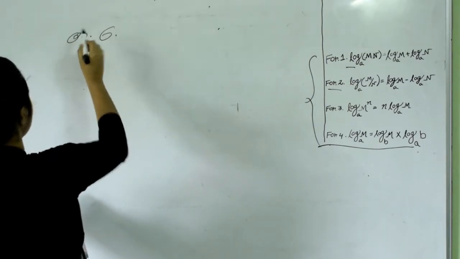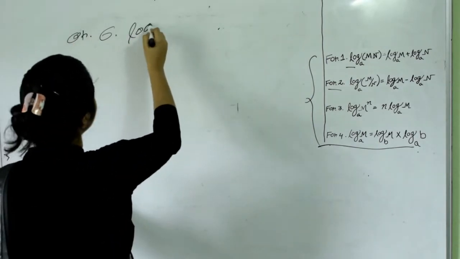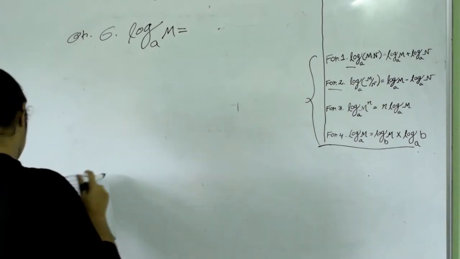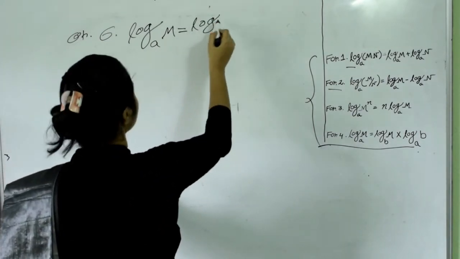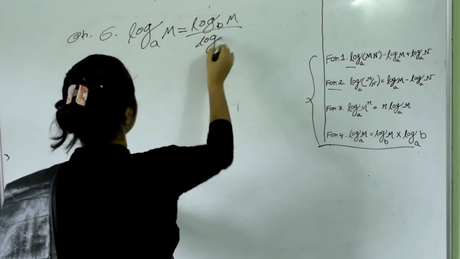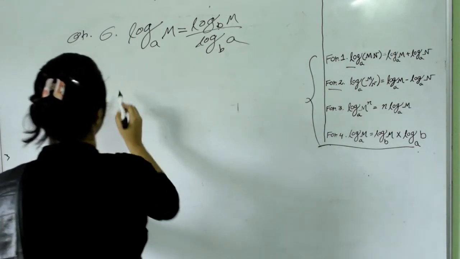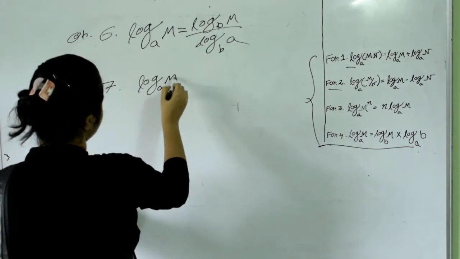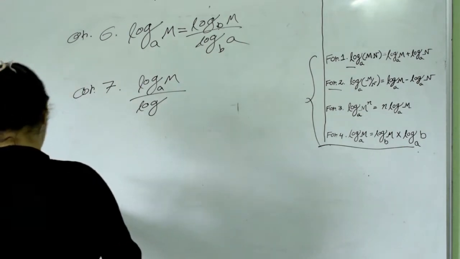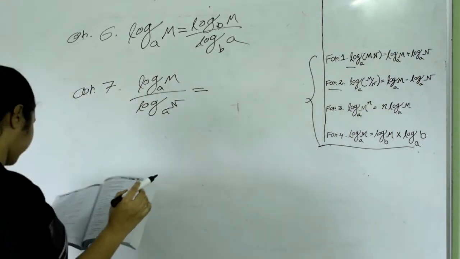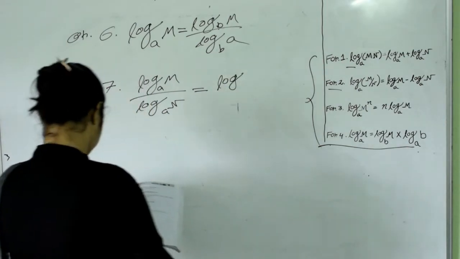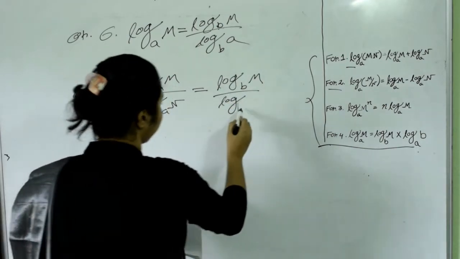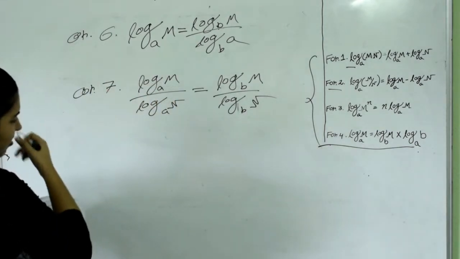6. Corollary 7. Log a of m divided by log a of n is equals to log b of m divided by log b of n, with base b.